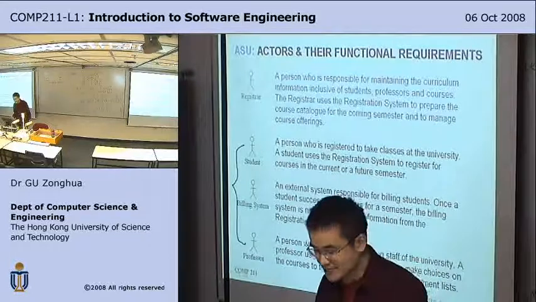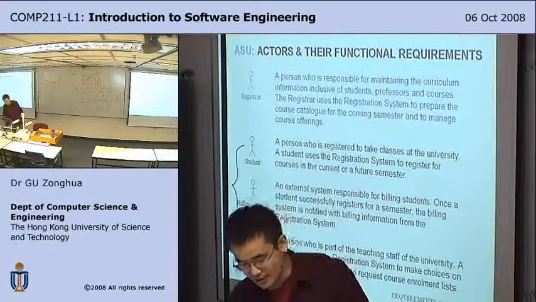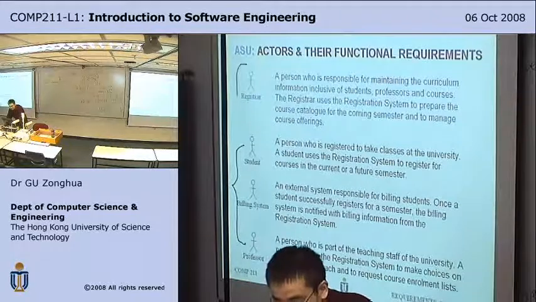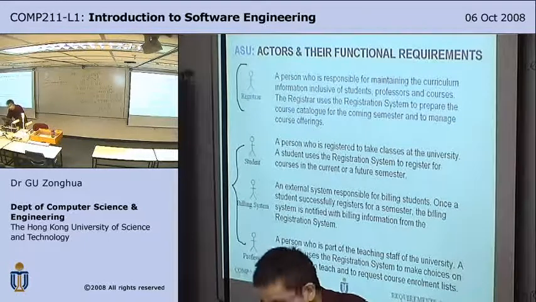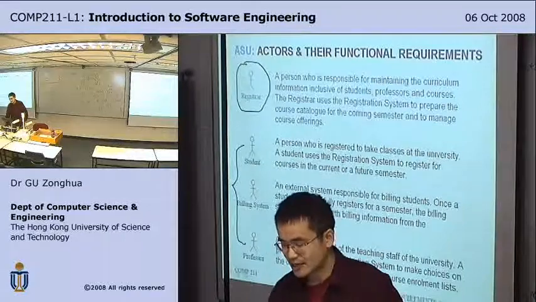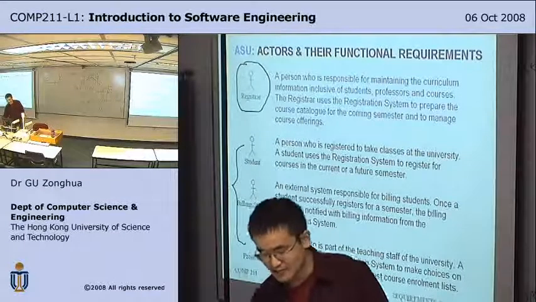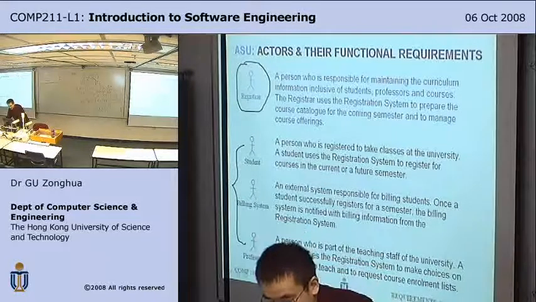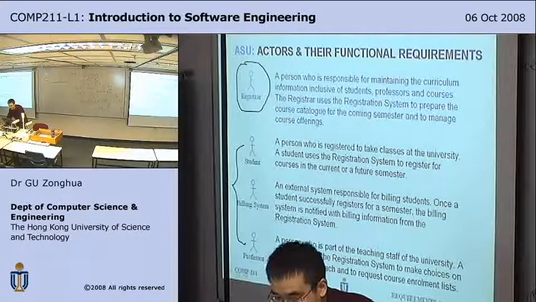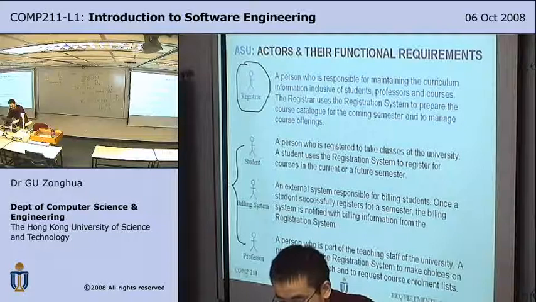Someone manages the course offerings, etc. So now we add a new actor, which is not explicit in the problem statement, but we add it after analyzing all the functionalities. So a registrar is a person who is responsible for maintaining the curriculum information and preparing the course catalog, etc.